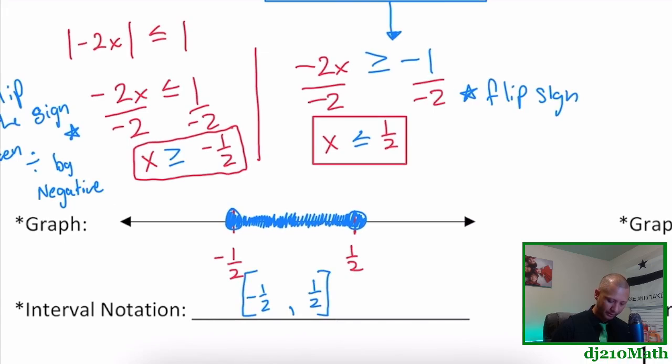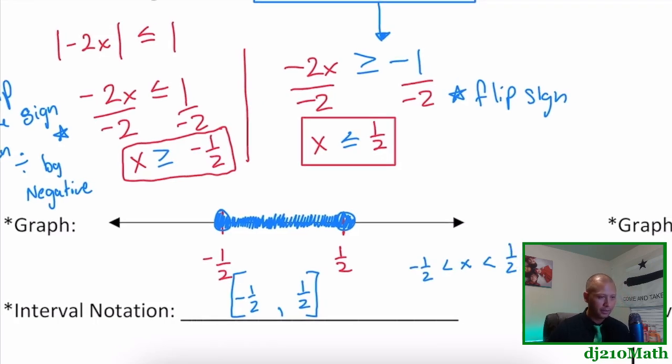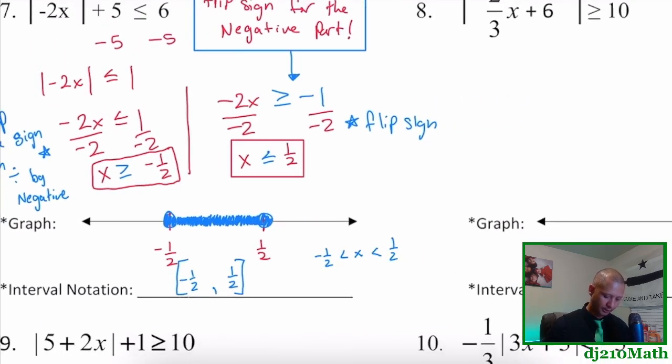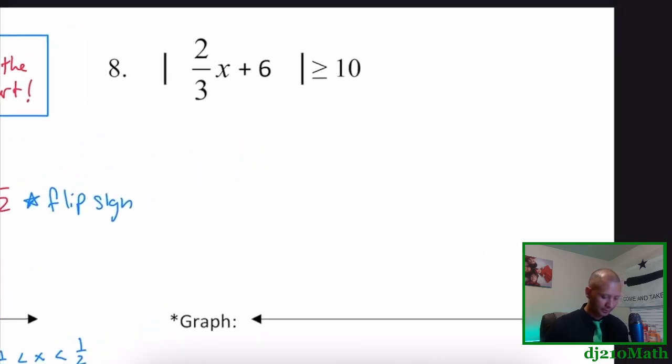The inequality would look like this: negative 1/2 ≤ x ≤ 1/2. How do I know that's what it is? Well, when you graph it, the graph goes towards each other, towards the points. That's how you know it's one piece. Otherwise, it would be two separate pieces. You can leave it as two separate pieces. There's nothing wrong with that, but just the technicality of it all.